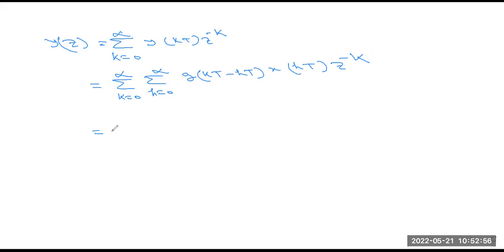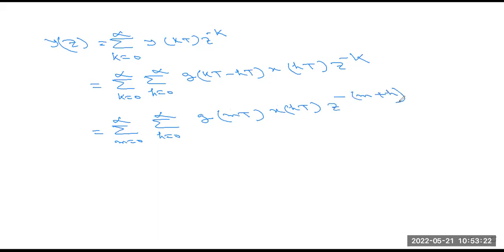Now you know we have to change these equations: the summation of m equals 0 to infinity, also the summation of h equals 0 to infinity, of g of mt into x of ht, z to the power minus m plus h.